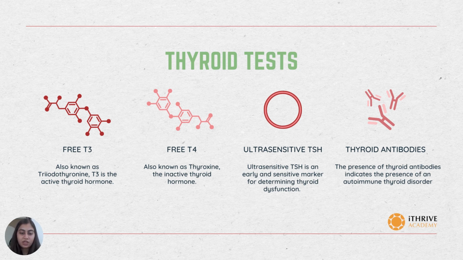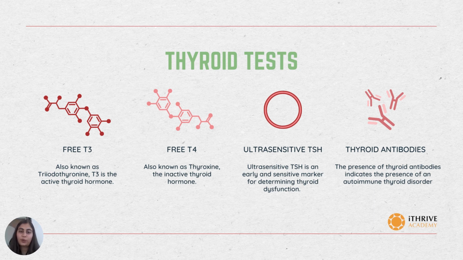The pituitary gland constantly monitors your blood for levels of thyroid hormones, and if it detects too little or too much, it releases or stops the TSH production. This hormone tells your thyroid gland to make and release the thyroid hormones into your blood. An ultrasensitive TSH is an early and sensitive marker for determining thyroid dysfunction. Hence, always consider an ultrasensitive TSH test.